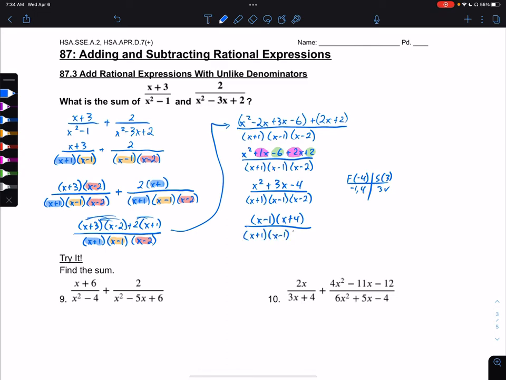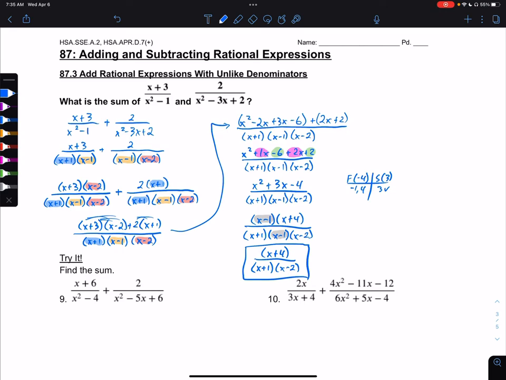And the reason that we do this is you're going to notice, or maybe recognize, that these x minus 1s can now be canceled out. So we can reduce our expression to x plus 4 over x plus 1 times x minus 2. Nothing else can be reduced, nothing else can be canceled, so we'd stop there.